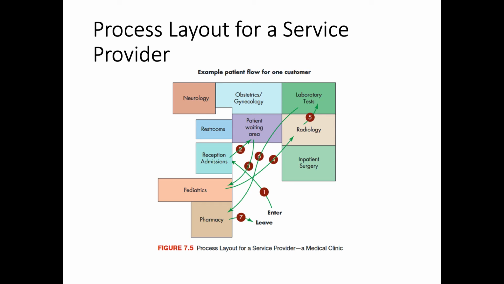The pharmacy is at the lower left-hand corner, you can sort of see how this diagram works. This is, by the way, of course, borrowed from your textbook, figure 7.5. And so you can see here that depending on what department, what physical or medical issue you want to get attended to, that will really mean that you may have an entirely different process flow than the next patient behind you or the one in front of you, right?